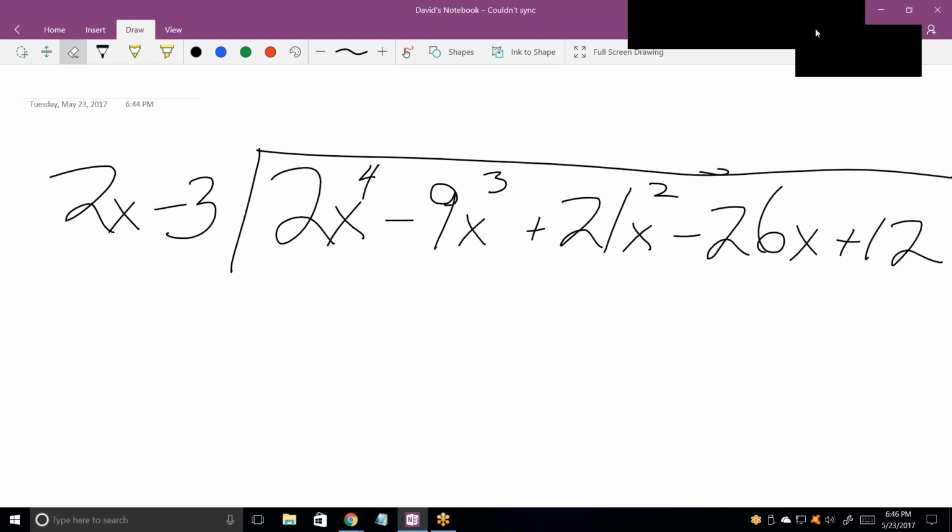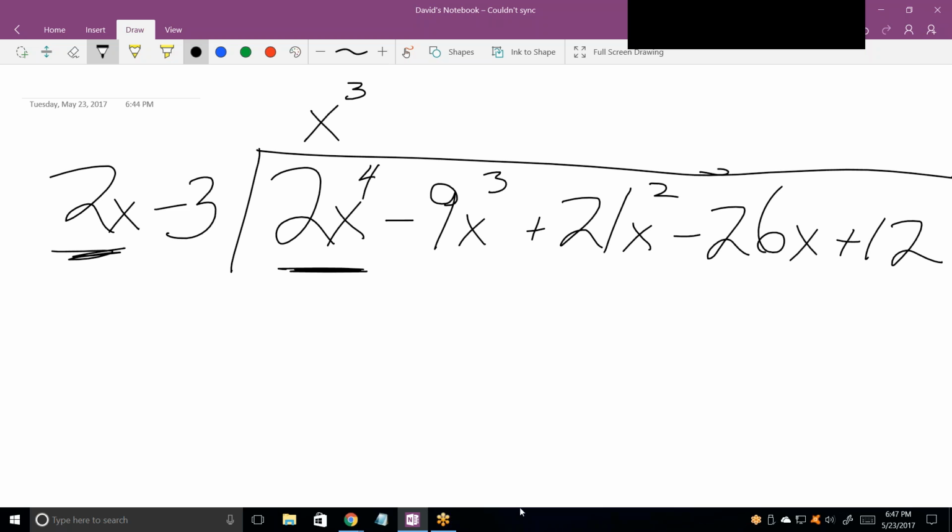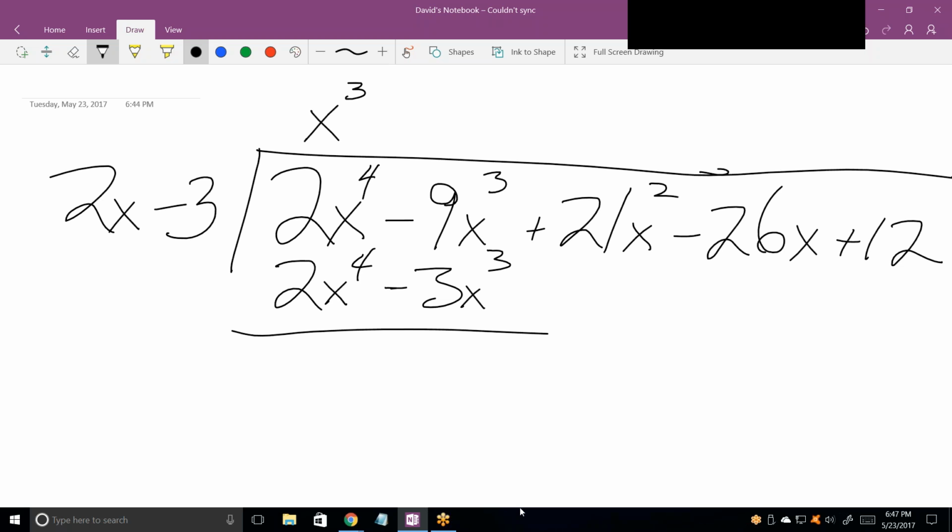It's stir and repeat. The first thing you do is divide that into that. What do you get? X cubed. Next thing you do is you multiply your answer by both terms. What do you get? 2x to the fourth minus 3x cubed. As with all long division, it's subtraction.